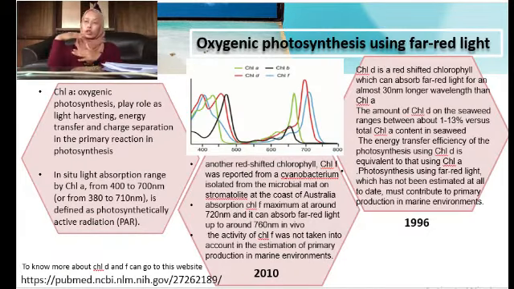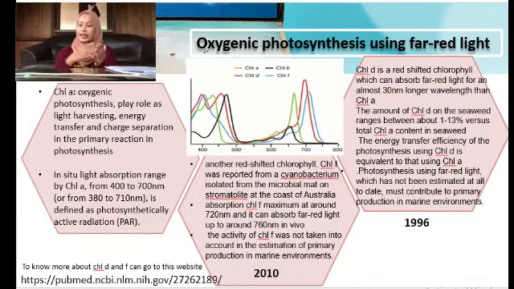Now we move to oxygenic photosynthesis using far red light. Basically, we only know about chlorophyll A, the familiar photosynthetic pigment, whose absorption range is 400 nanometer to 700 nanometer, or 380 nanometer to 710 nanometer, defined as photosynthetically active radiation.